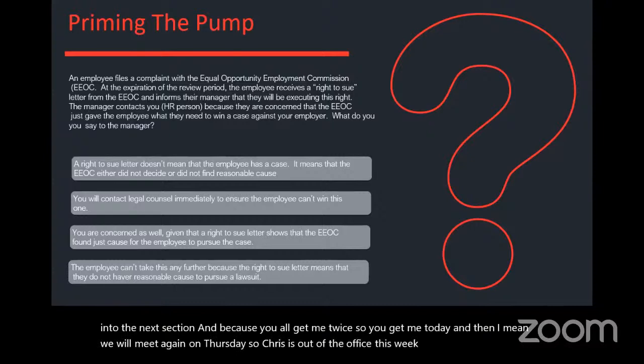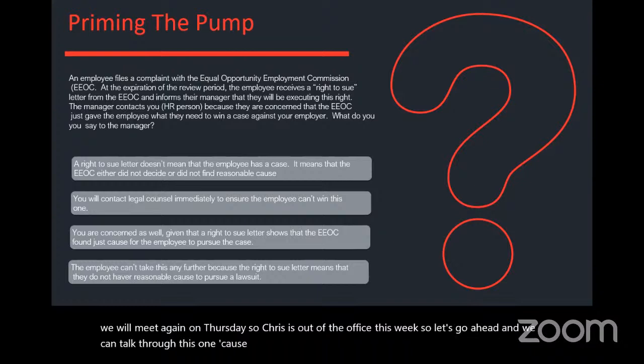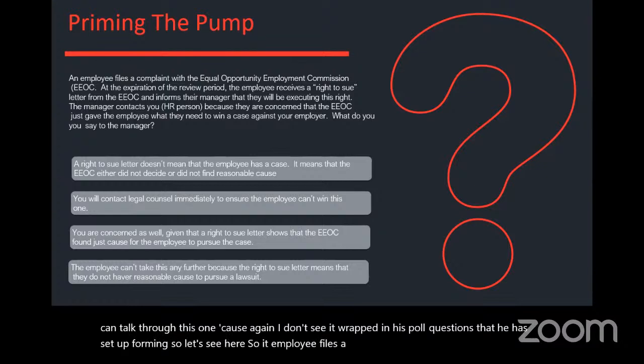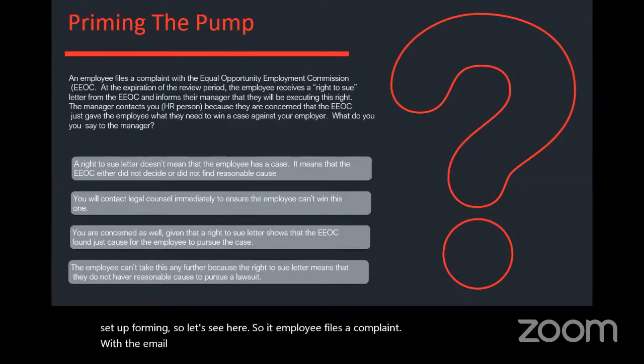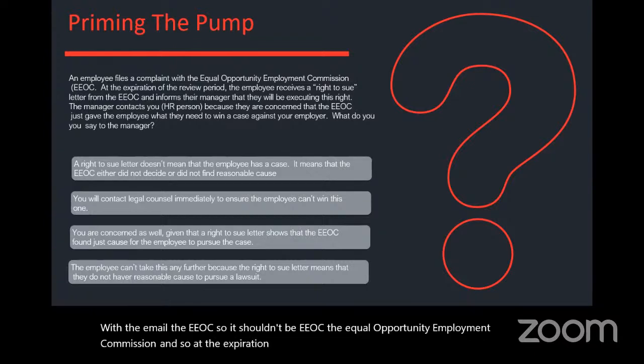So let's go ahead and talk through this one, because again, I don't see it wrapped in his poll questions that he has set up for me. So let's see here. An employee files a complaint with the EEOC, the Equal Employment Opportunity Commission. And at the expiration of the review period, the employee receives a right to sue letter from the EEOC, and it informs their manager that they will be executing this right.